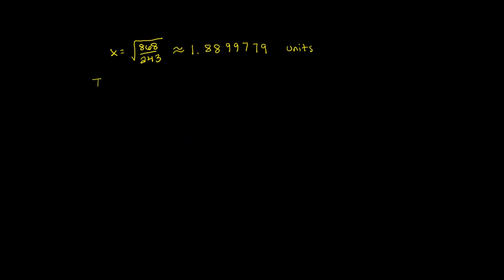Now the total width is twice that. So I need to multiply that by 2. I'm going to just do that on my calculator. 3.779955799. So that's our total width in units.